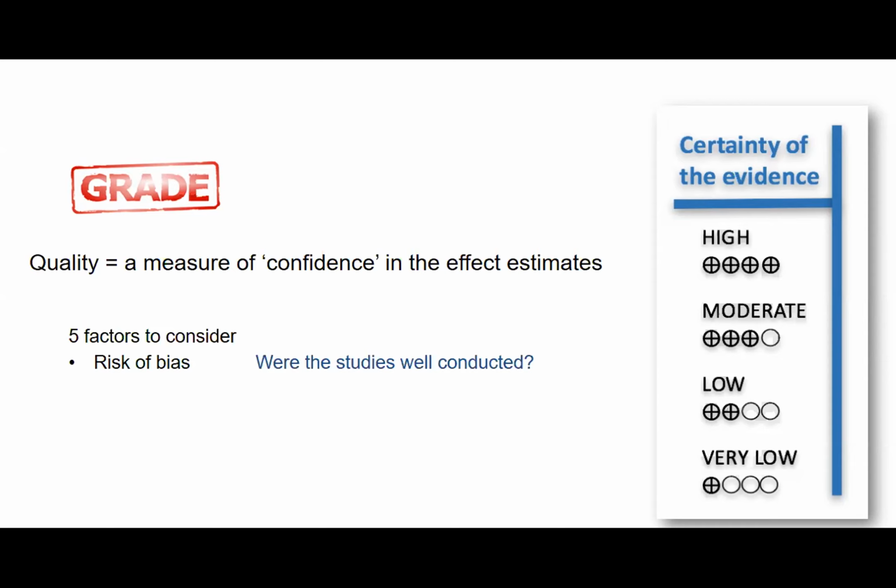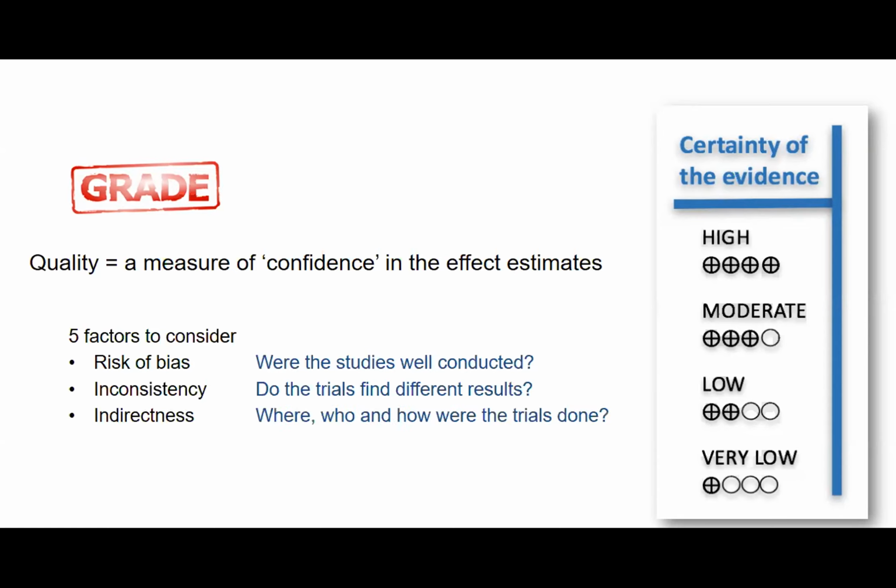So it's around the question whether the studies were well conducted or not. Then you have a question linked to inconsistency. So if you compare the results of the different trials in the study, are they giving you similar results or are the results very varied? And if the results are very different, you will downgrade the evidence.